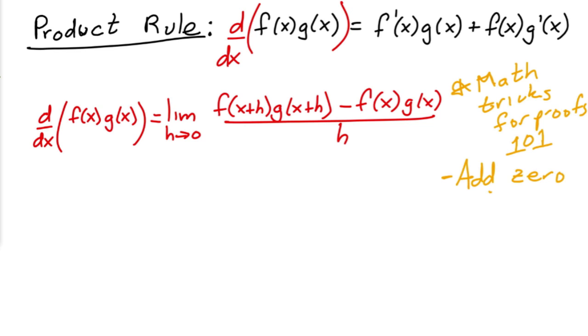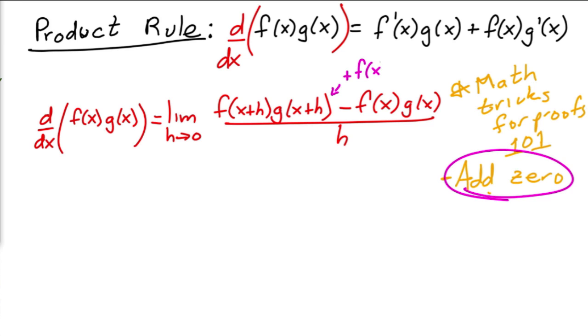So what you do is you add and you subtract the same thing from this guy. So what I'm going to do is add f of x g of x plus h, and then I'm going to subtract exactly the same thing, f of x g of x plus h.